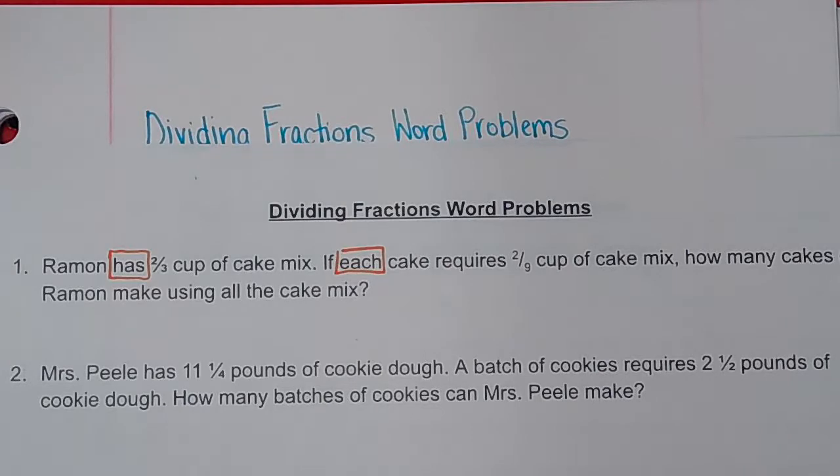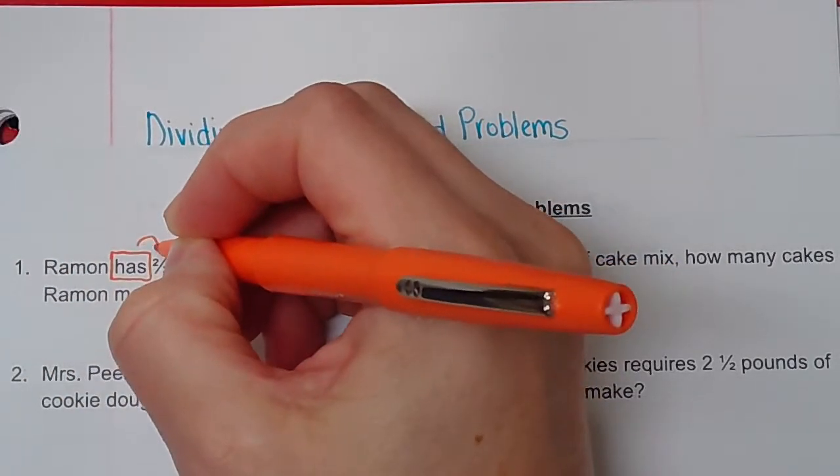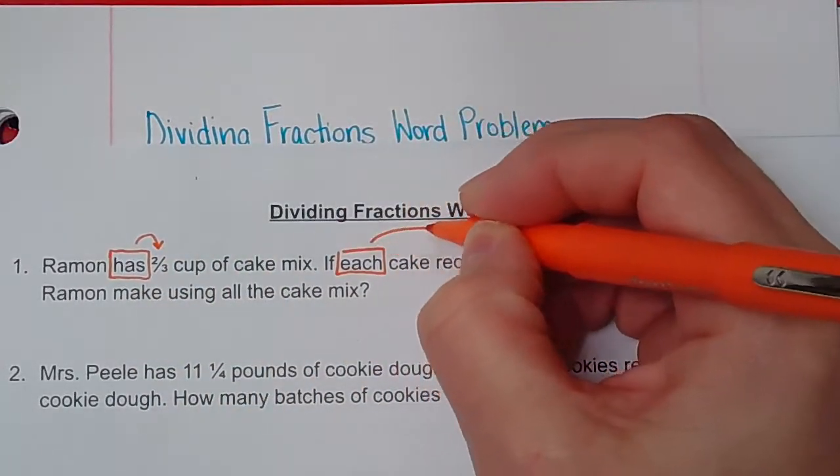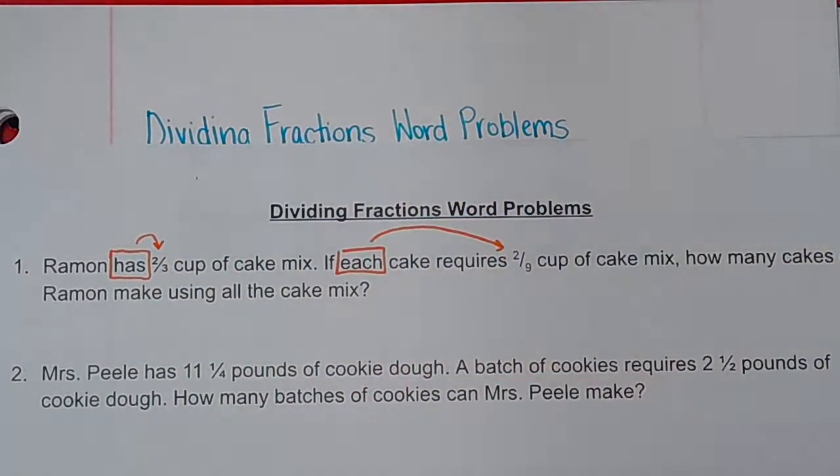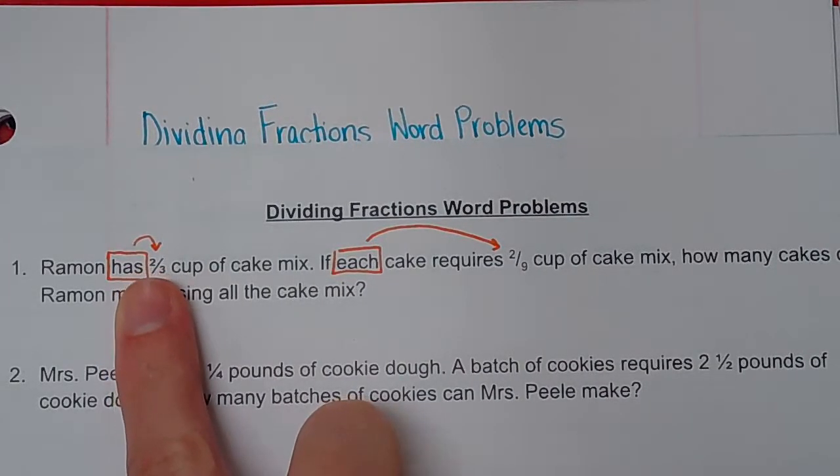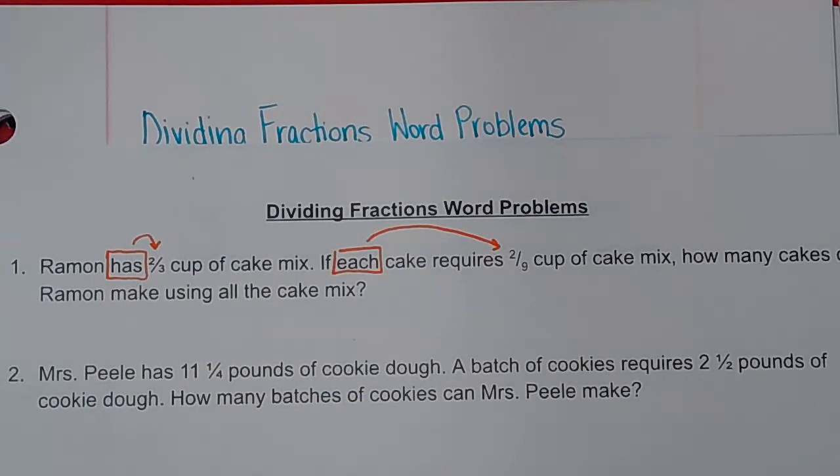All right, so remember, whatever fraction is attached or nearby to that word, that's what's going to be going with or telling you what goes with that word. So like right here, I've got 2/3, and then right here, I've got 2/9. So this one was nice because it really gave you both. Sometimes they'll just give you one, so then you have to know, okay, that one goes first, but this one actually gave you both.